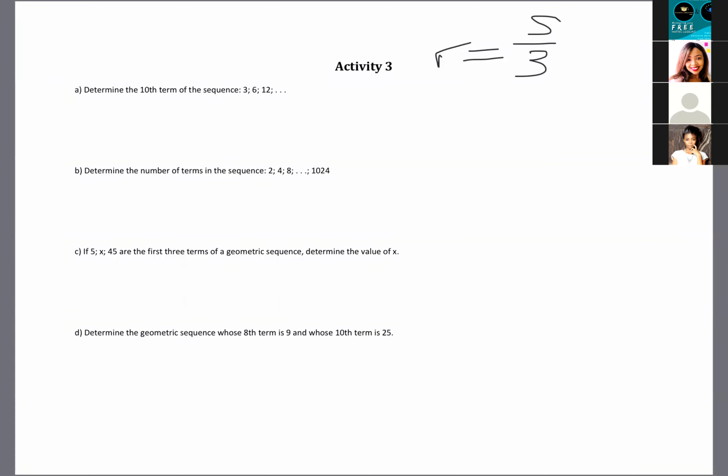So I'm going to say that my A, wait, let me write it like this. Remember that for my T, you can either use your T10 or your T8. So let's just use T8. I'm going to say that my T8 is equal to 9, and my T8 was A times R. I know what my R is, it's 5 over 3.